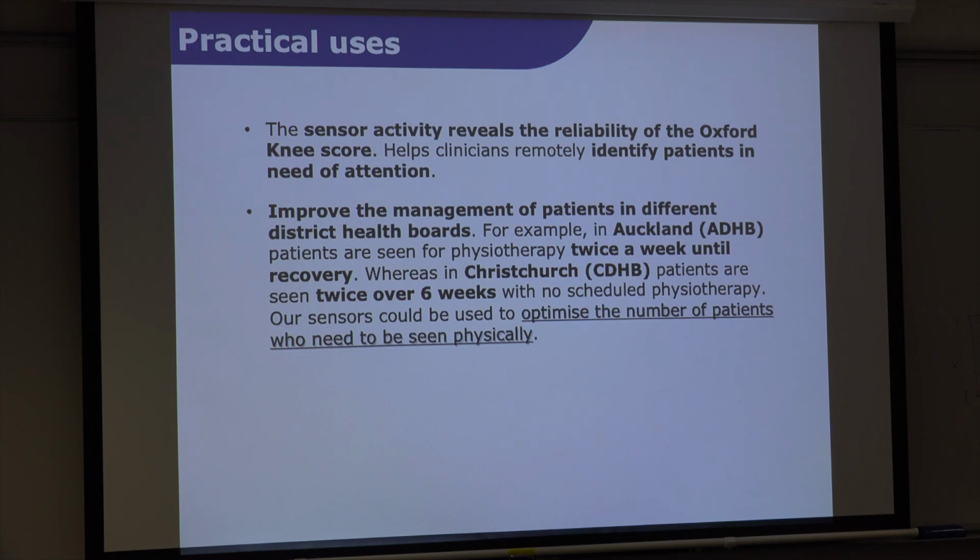So what I mean by that is within the Auckland region, patients that have gone for knee surgery have to go to physio for a certain amount of time after their surgery. Whereas in Christchurch, they're only seen twice over that 6 weeks and they don't have to go to physio at all. So one way the sensors could be used is to optimize the number of patients who need to be seen physically, because you could do this remote assessment of how they're improving over time.